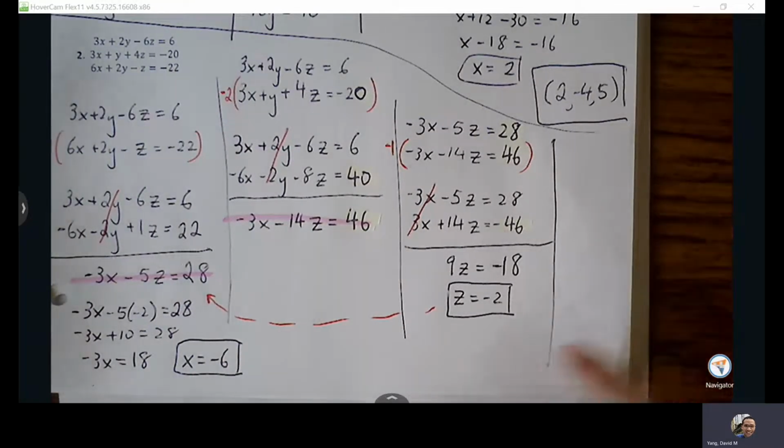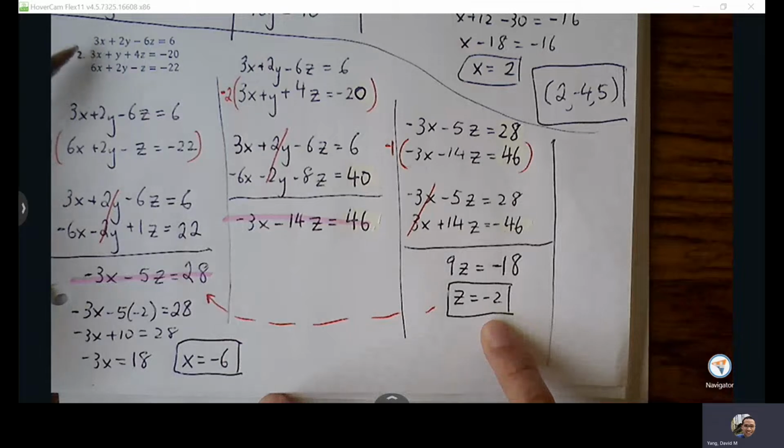Okay, so now I have x and z. I can use any of the original equations to help me get to my last variable, y.